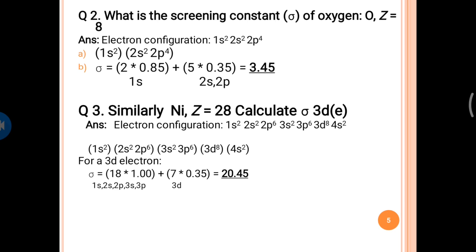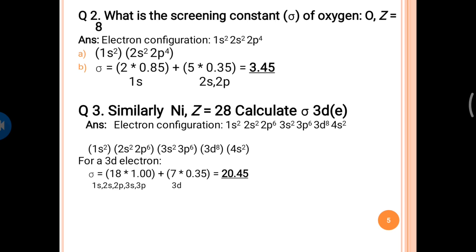Write down the electronic configuration of the nickel atom: 1s2, 2s2, 2p6, 3s2, 3p6, 3d8, 4s2. This is the electronic configuration of nickel.